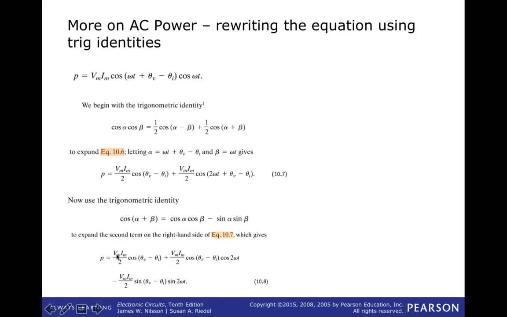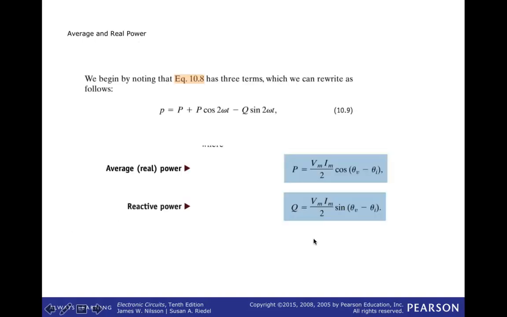So we can relate those constants to some defined terms. Rewriting, letting that first constant be P and letting that last constant with the sine be Q as defined here, the expression for instantaneous power looks like this, where capital P is defined by this expression, and we call that the average power.